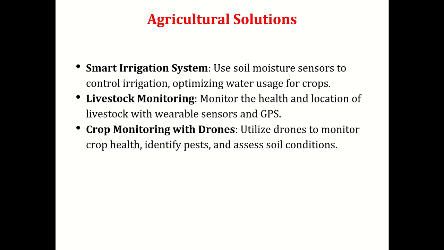So soil moisture sensors control irrigation and optimize the water. These are actually implemented in some countries like Israel and some places where water is very precious. But unfortunately, we have exploited the soil. So this is again alarming for the generations to come.